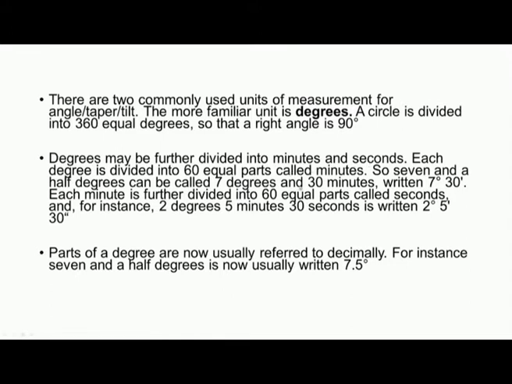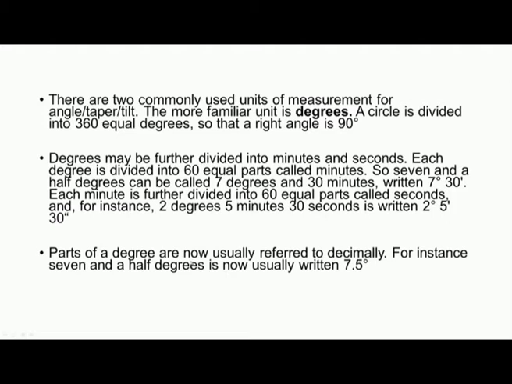So, 7.5 degrees can be called 7 degrees 30 minutes. Each minute is further divided into 60 equal parts, each small part is called 1 second. So, for instance, 2 degrees 5 minutes and 30 seconds is written as shown here.